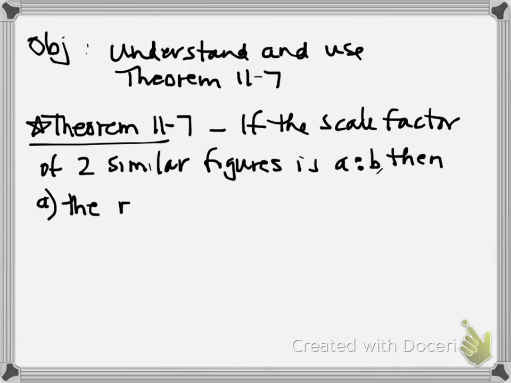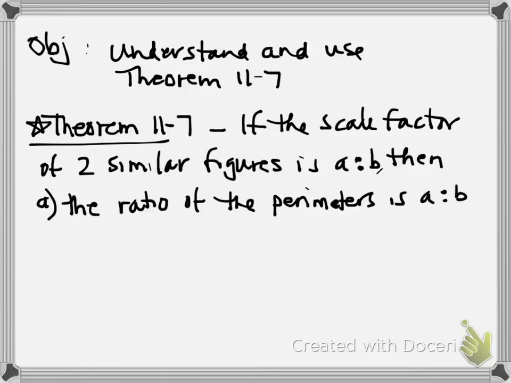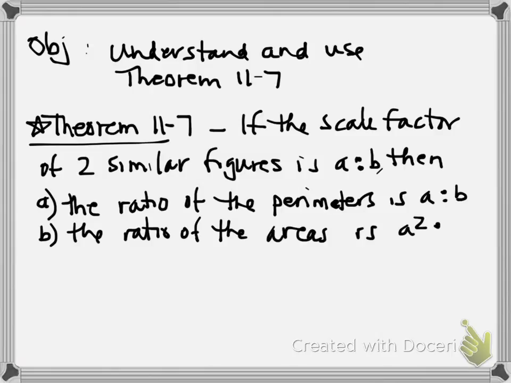So the ratio of the perimeters is the scale factor, A to B. And then the ratio of the areas is going to be the squared version, so A squared to B squared. That's the scale factor, and we're going to square it.